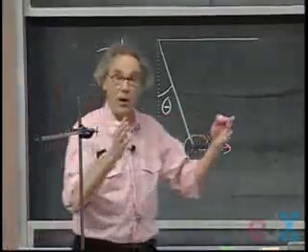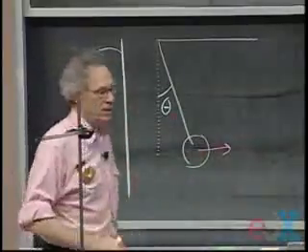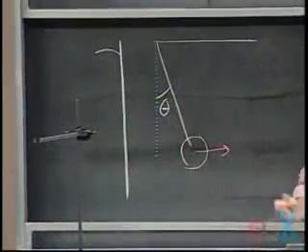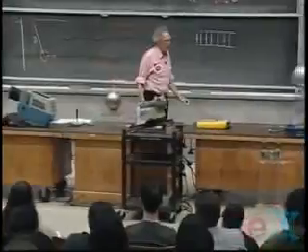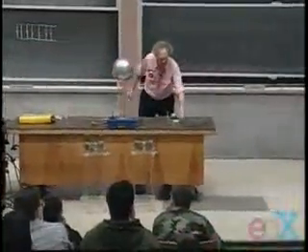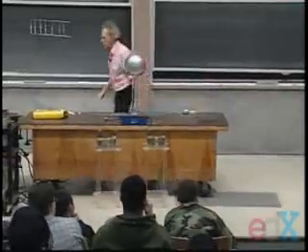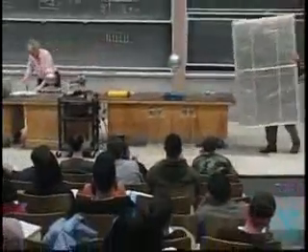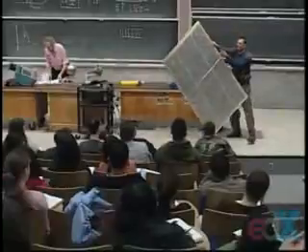Extraordinarily fast. If I double the distance to the center, the force on that little object will become 4 times smaller. It's inverse r squared. So let's first do the plane, and then we'll try to do the single Van de Graaff.